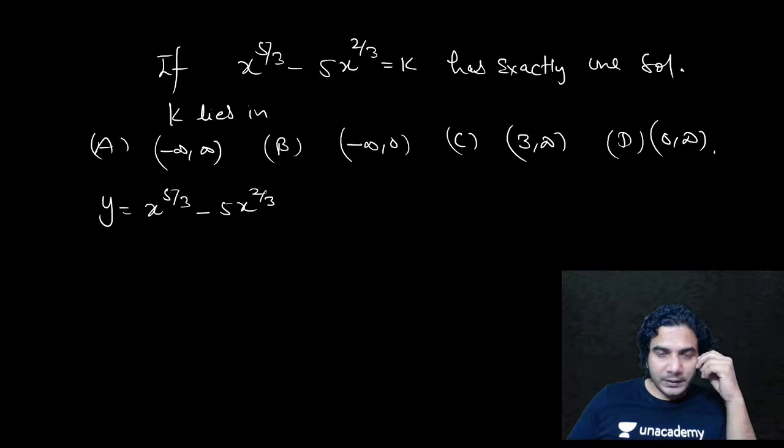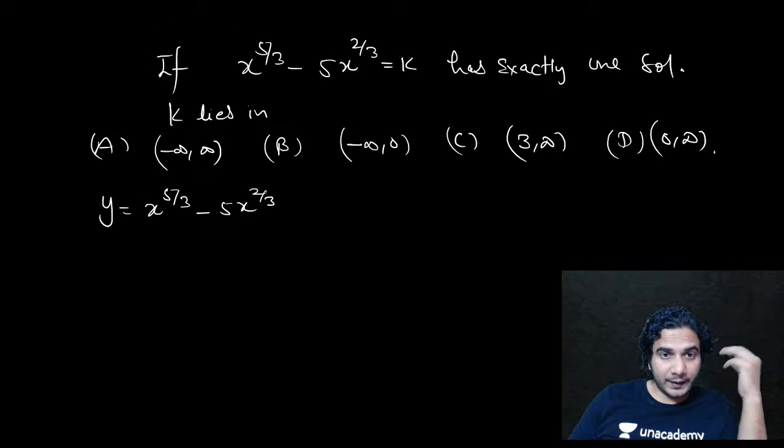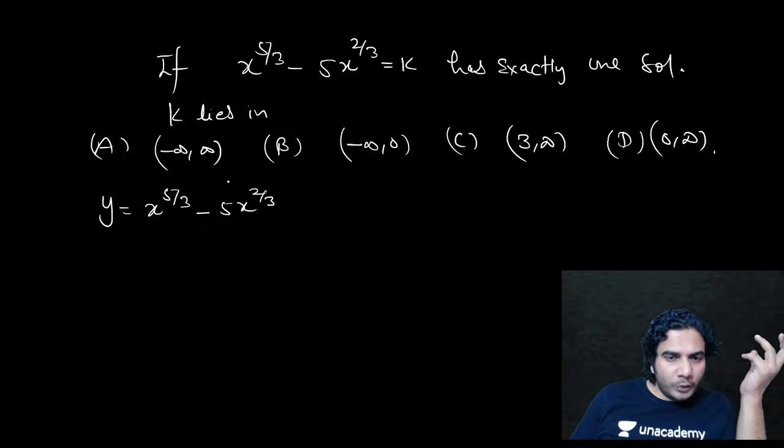You are getting any answer? Okay, so if you get the answer, then write in the comment box. Meanwhile, I'm solving it. So I want to see the graph. Domain of this function is R. Okay, x belongs to R.